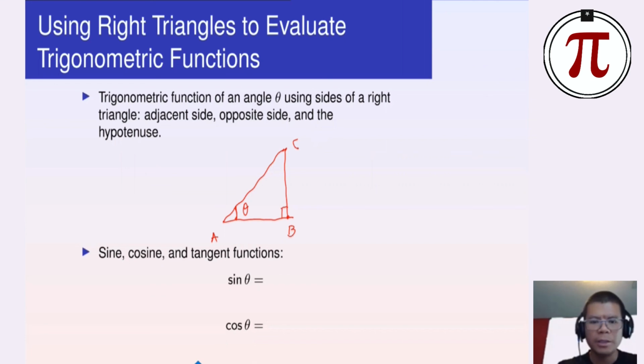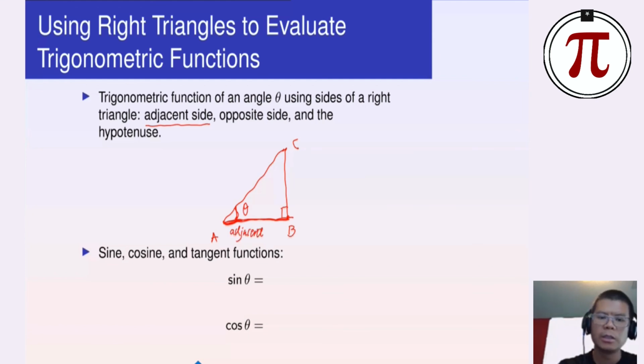So for this one, what do we have? We can say that they have 3 sides. The adjacent side is the one which is close to the angle here, but it is one side of the right triangle. It's shared by this angle and the right angle, which is the adjacent side.